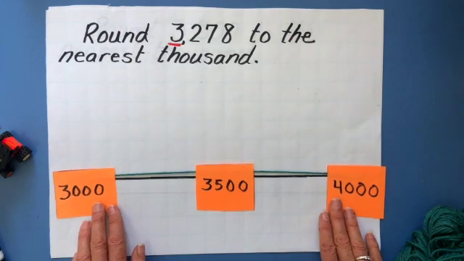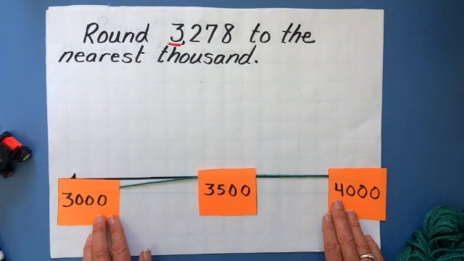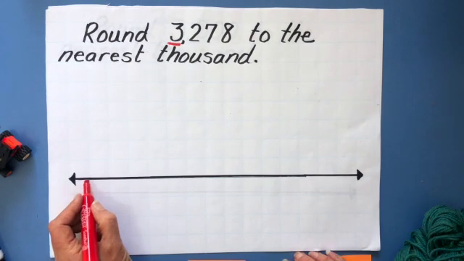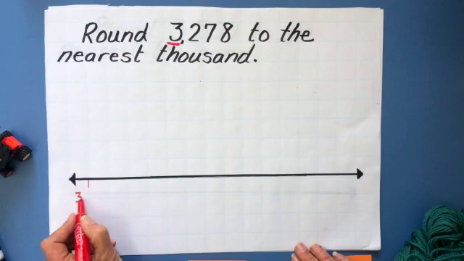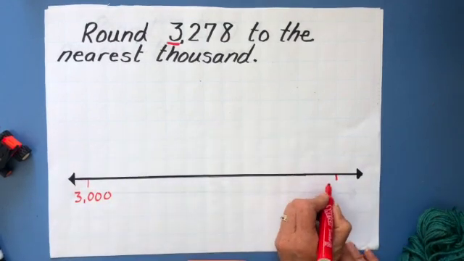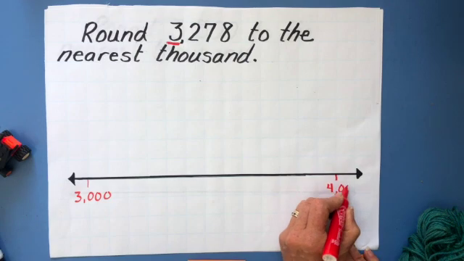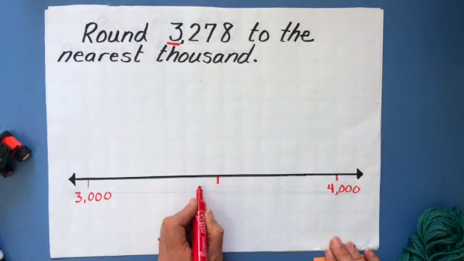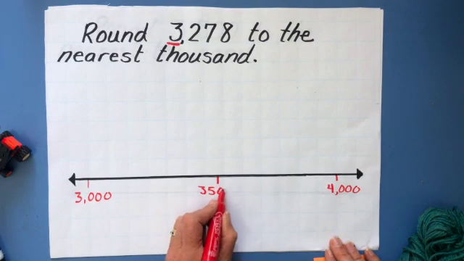Now, that's what people do on the number line. If I had my number line, this is 3,000. I know over here would be 4,000. Halfway in between, about right here, would be 3,500.